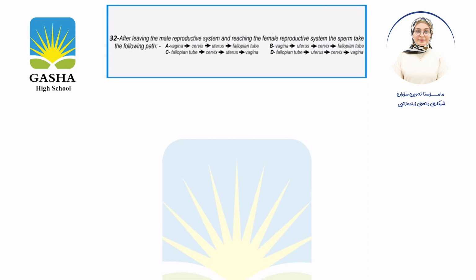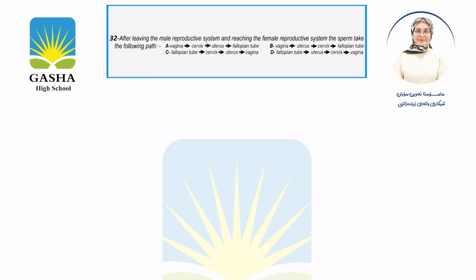Question 32. After leaving the male reproductive system and reaching the female reproductive system, the sperm take the following path. So when the sperm reach the female reproductive system, what are the places that they reach step by step? Okay. First of all, look at the beginning of the multiple choice.